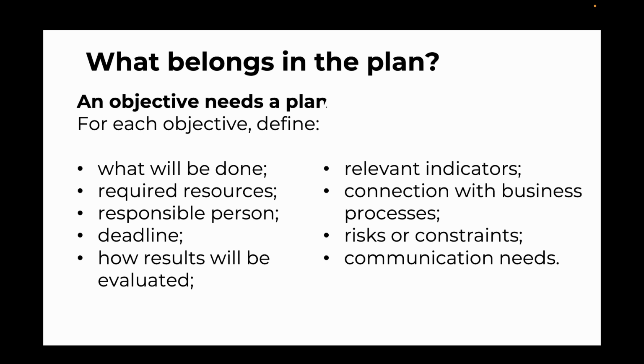So for each environmental objective, BlueRiver should define what will be done, who is responsible, what resources are needed, when it will be completed, and how results will be evaluated. It should also define the indicators that will be used, okay? So the plan should connect with real business processes. So for example, cleaning in place objective belongs with production, maintenance, cleaning procedures, and possibly engineering.